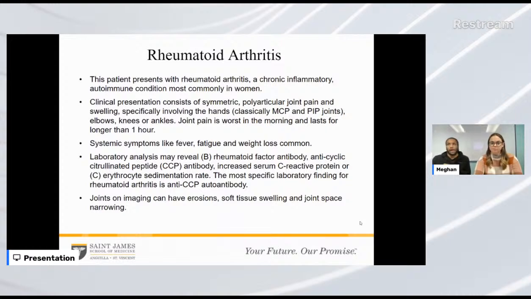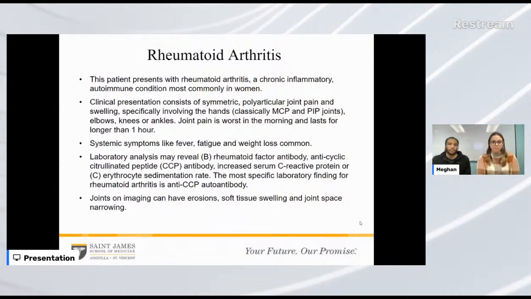On labs, the classic one that we learn in medical school is that rheumatoid factor is going to be positive, but rheumatoid factor can be positive in lots of autoimmune diseases and isn't specific for rheumatoid arthritis due to the fact that it can be present in a lot of different disease processes.